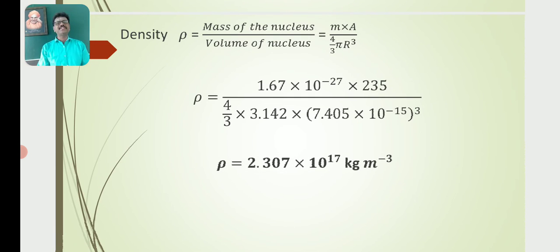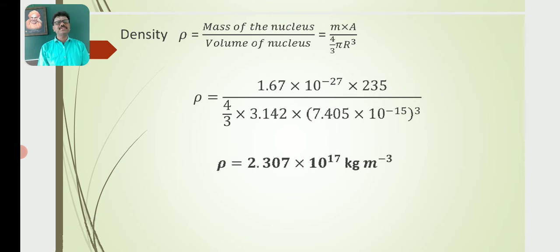By definition, we know the density is equal to the mass of the nucleus by the volume of the nucleus. Here the mass of the nucleus is equal to m into A, by the volume of the nucleus, 4 by 3 pi r cube, where r is the radius of the nucleus.